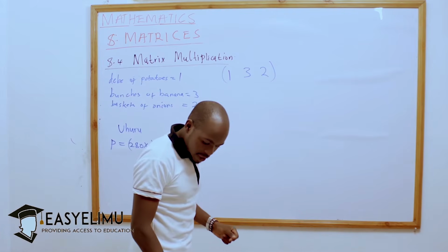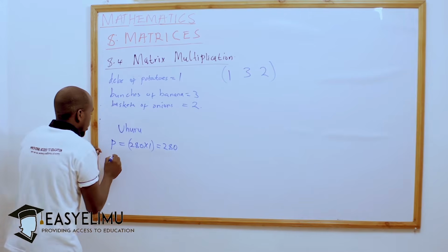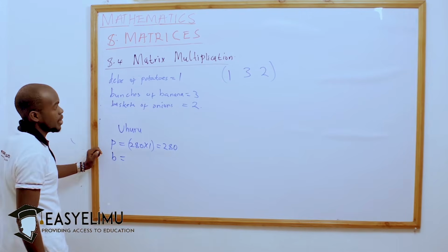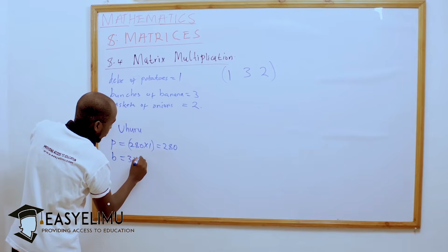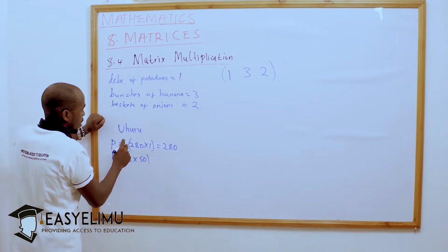Now for the bunches of banana, we have been told it cost 50 shillings and we have 3, so we shall represent it by letter B. And we say it is 3 multiplied by 50.